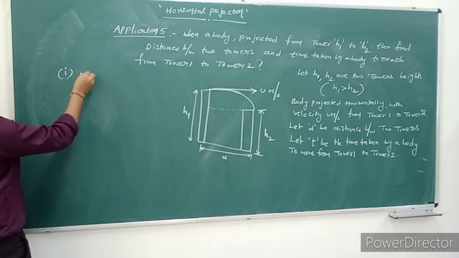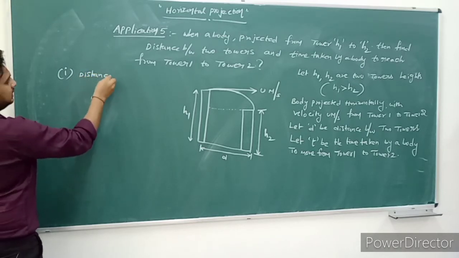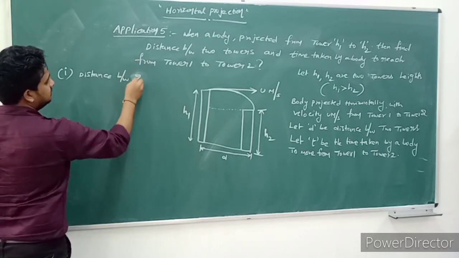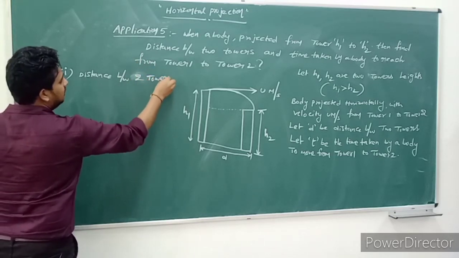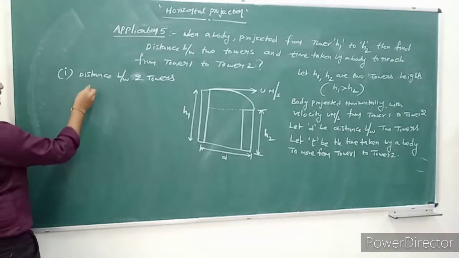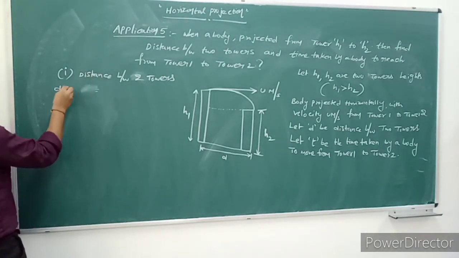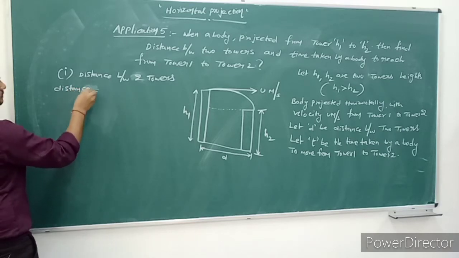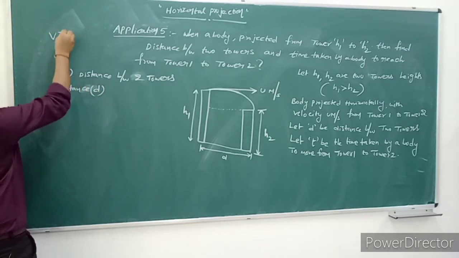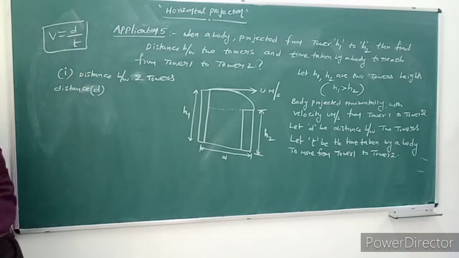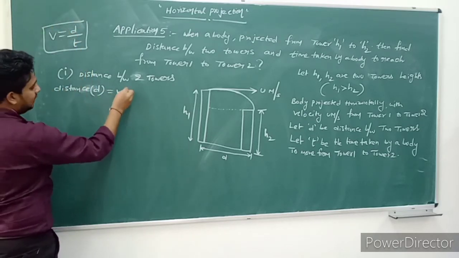Okay, so first one, distance between the two towers. Distance between the two towers, d is equal to, so d is a distance. Now here, what is the formula of distance? We know that velocity is equal to distance by time. So distance is equal to velocity into time.